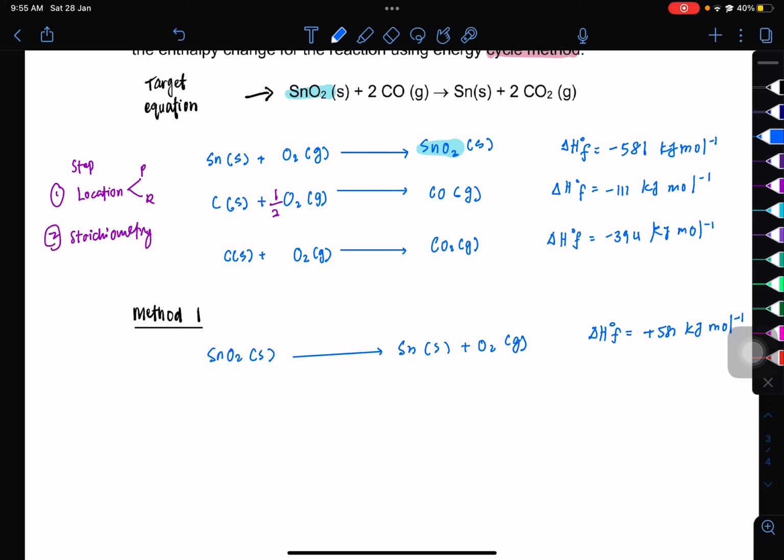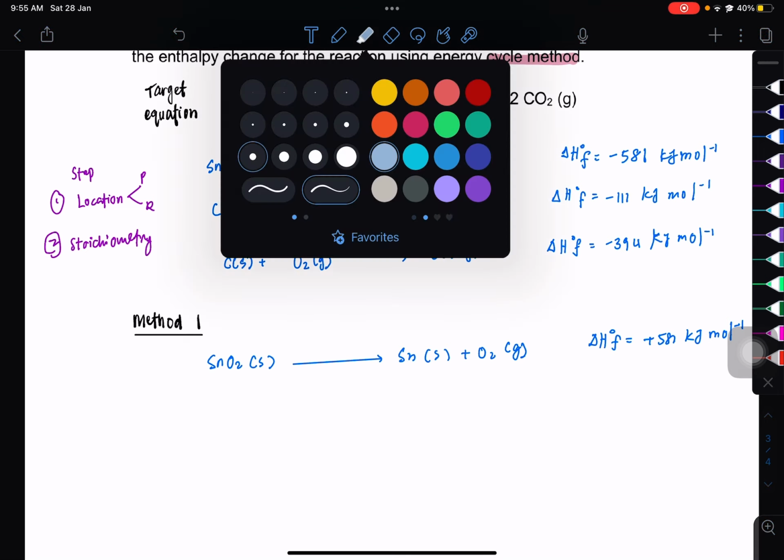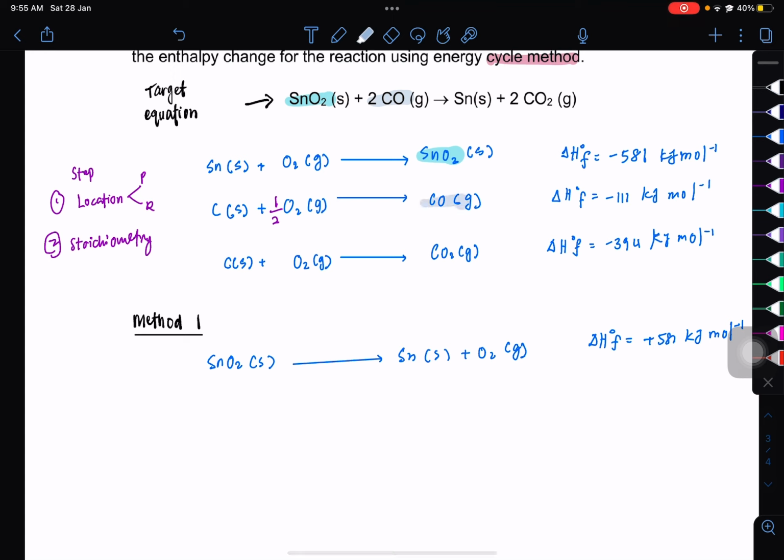Now look at carbon monoxide. In the 3 equations, it is here. First check its location: here it is in the reactant, but in the equation it is in the product.